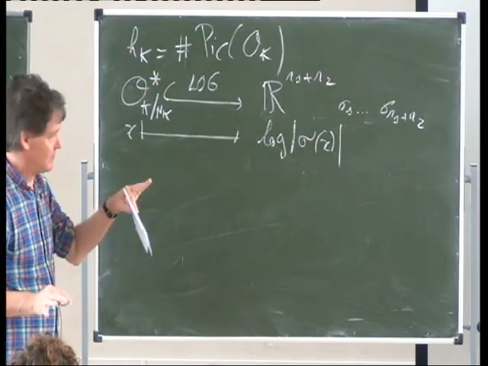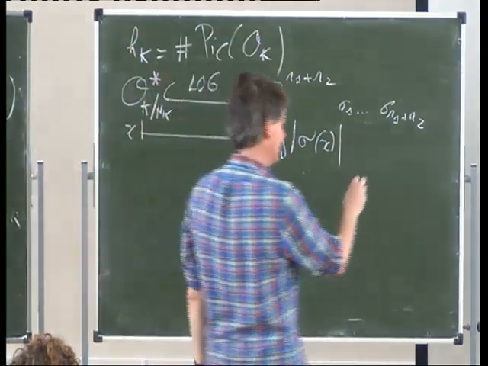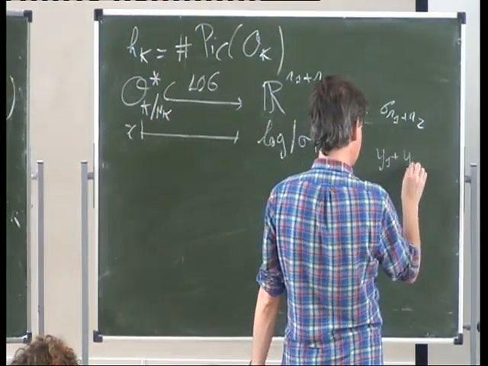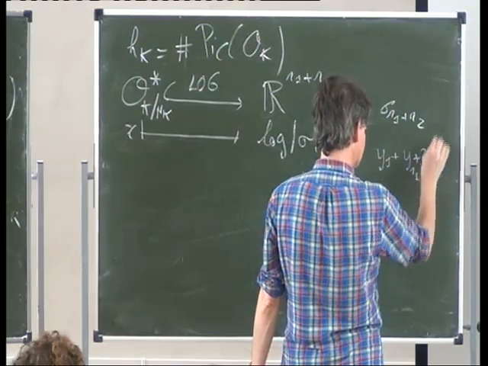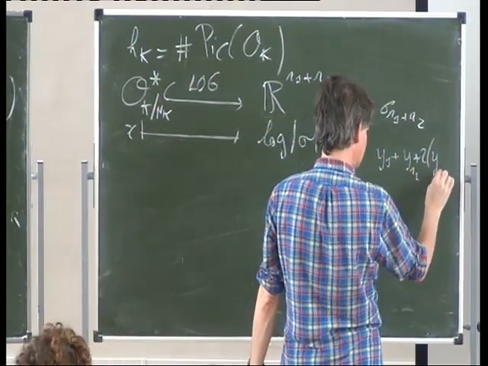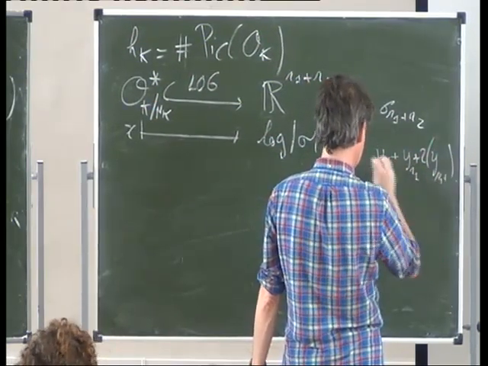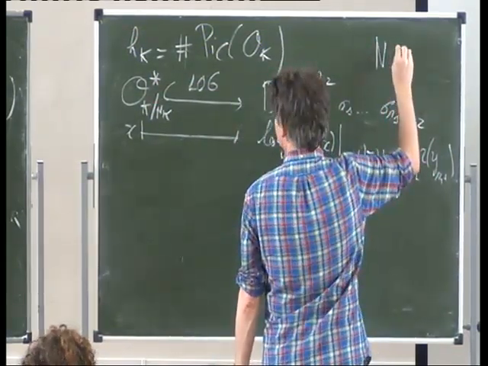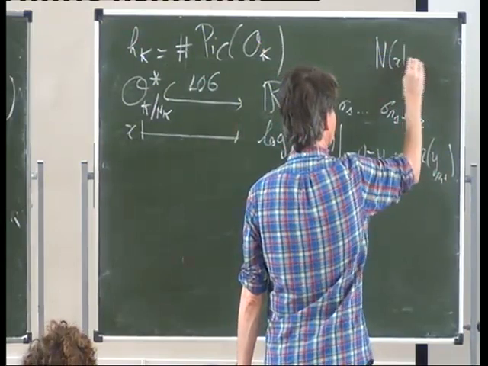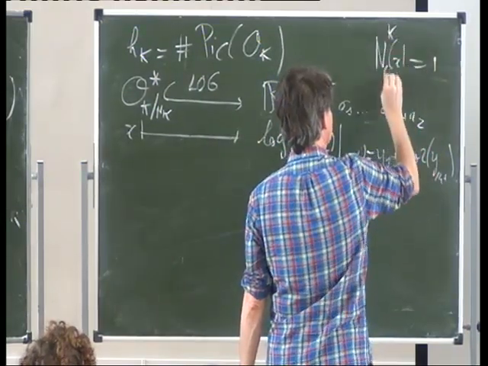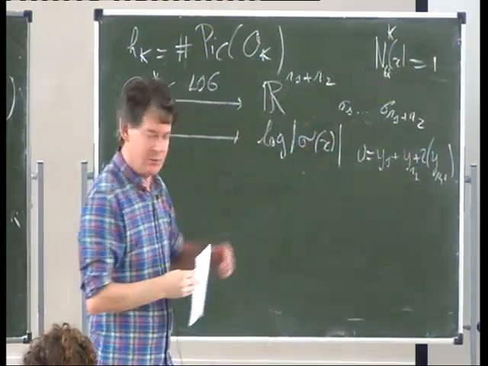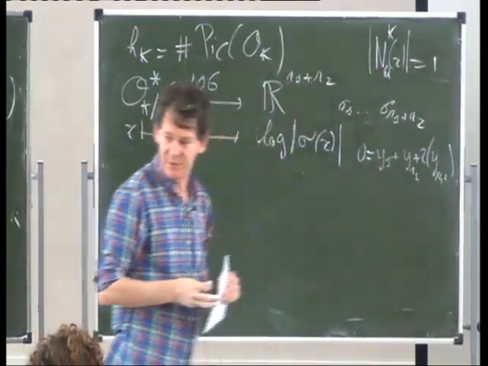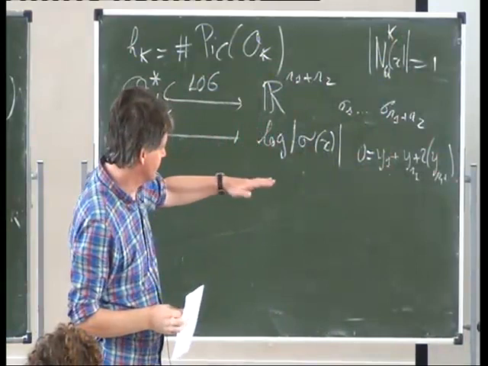It's a lattice in a hyperplane because this satisfies the equation y1 plus ... plus y r1 plus 2 y r1 plus 1 equals 0. Because the norm of the unit is 1. When you take the product of all the embeddings for a unit, it's 1. So when you take the log, it's 0.